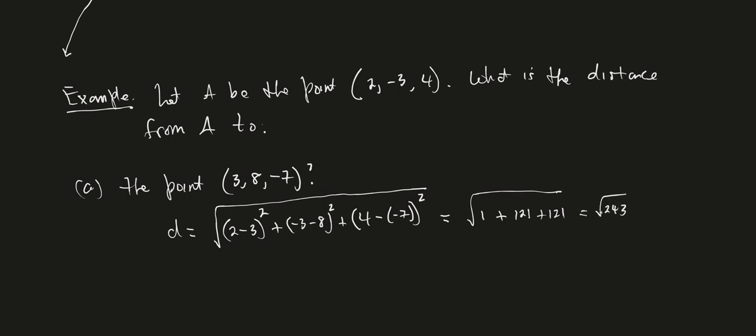And that's not a perfect square. I'm just going to leave it as the square root of 243. Now, if it's the distance, you could always say it's this many units. If the question didn't mention any units, you could certainly leave it off. But this is the distance, right?